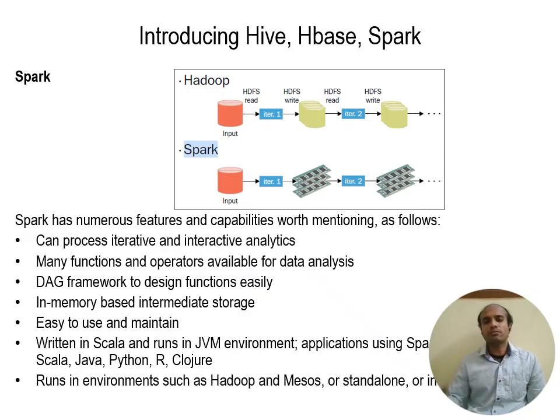You can see there is an input and iteration 1, then iteration 2. In comparison, you have the Hadoop architecture, wherein the input, the Hadoop distributed file system read, Hadoop distributed file system write, and again Hadoop distributed file system read in iteration 2, and Hadoop distributed file system write.